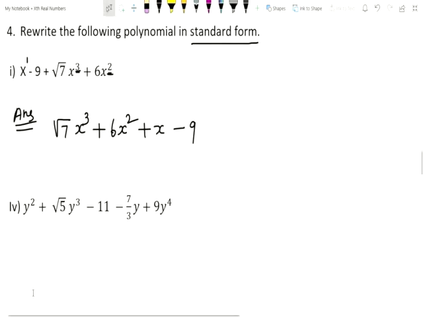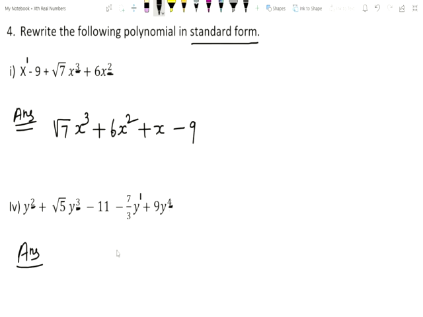The fourth one here, y square, the power is 2, plus root 5 y cube, power is 3, minus 11, so power is 0, here the power is 1, here the power is 4. So write it in order. First the highest power of the variable is 4 only.